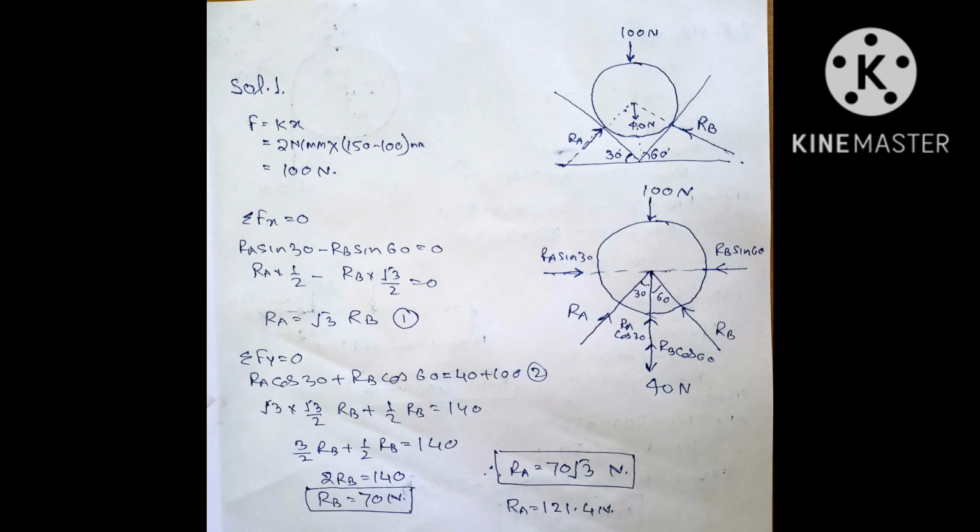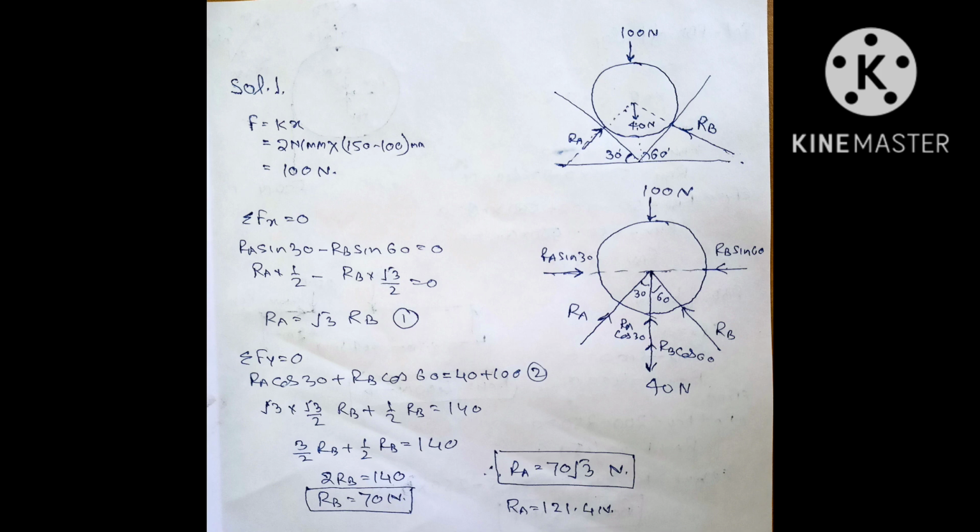Now, you know spring force F equal to K delta X. Here K is given as 2 Newton per mm, the stiffness of the spring, and delta X will be equal to 150 mm minus 100 mm, because the free length is 150 mm and the length of the spring when compressed is 100 mm.